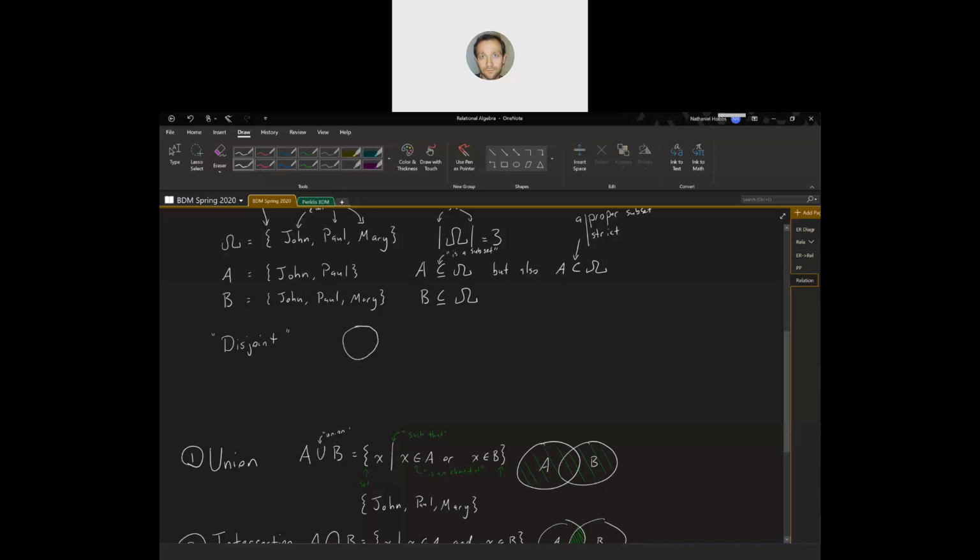That is the case if, now I'm writing omega as this box and A and B here, A and B are disjoint if they don't share any common elements. This is not an operation, this is just a property of sets. So I'm keeping it separate from these other things.